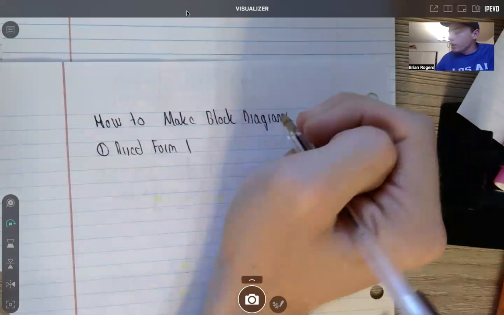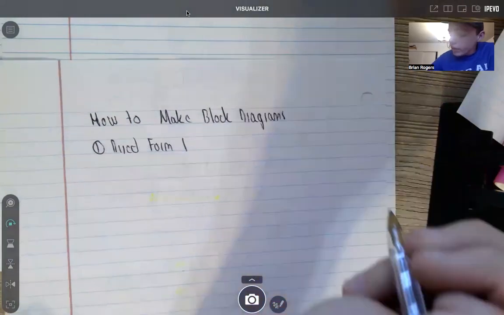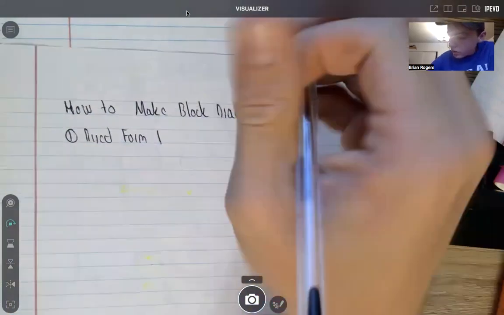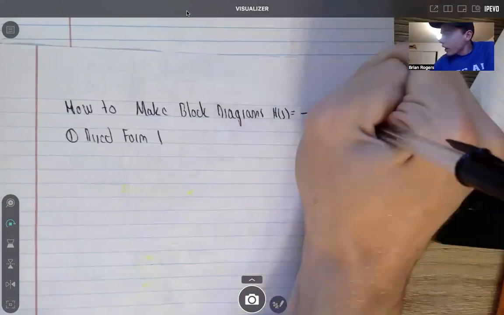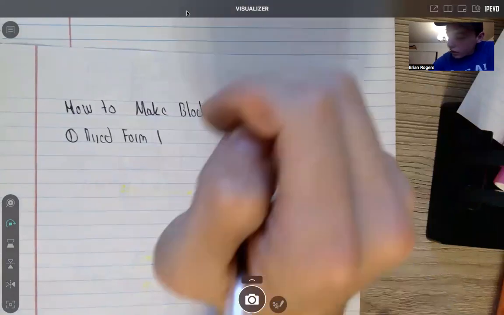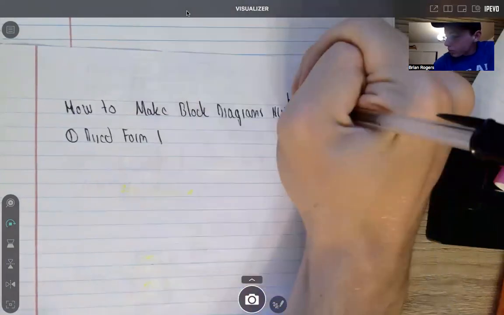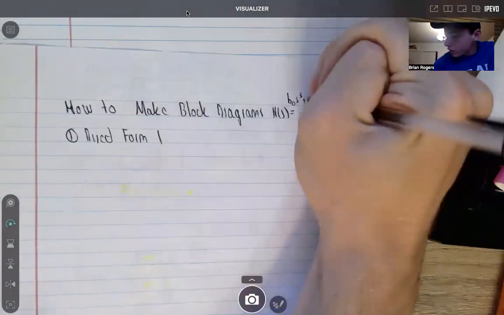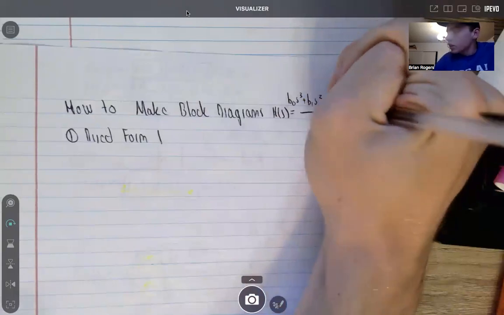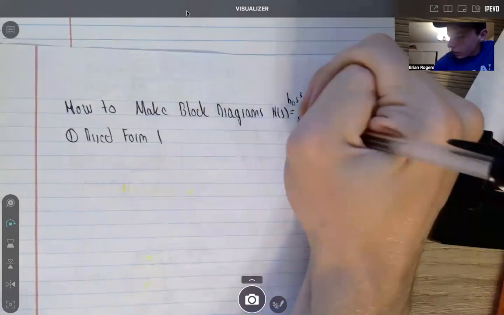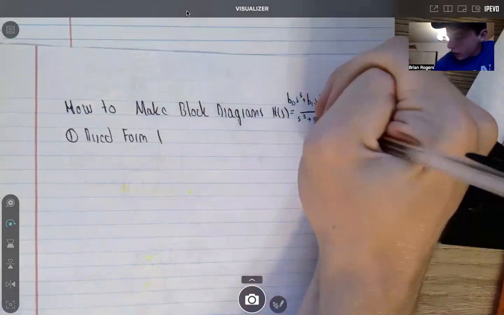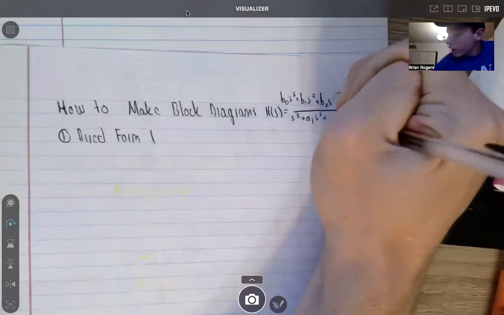So say we're given the system H of S is equal to B naught S cubed plus B1 S squared plus B2 S in the numerator. Then in our denominator, we have S cubed plus A1 S squared plus A2 S plus A3.